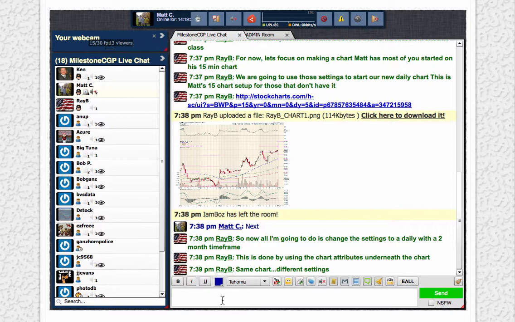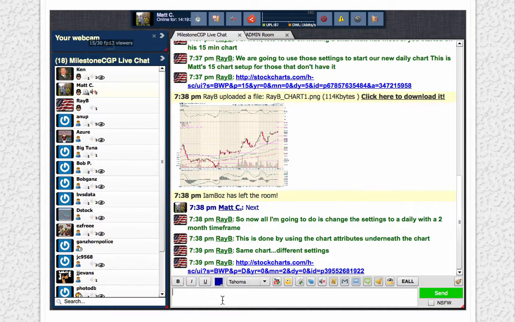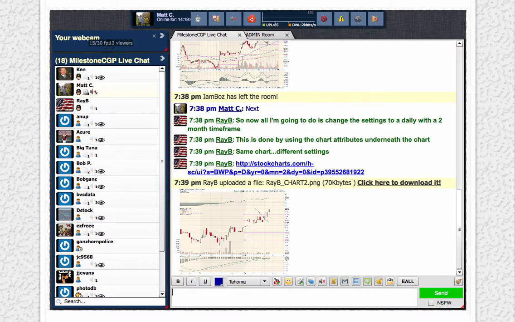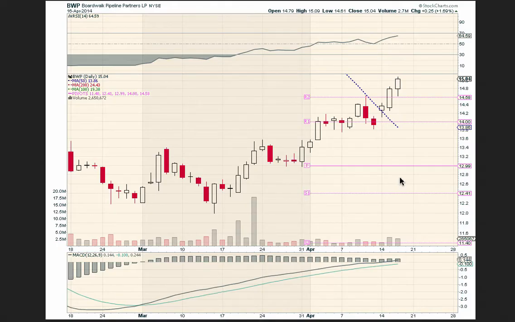So same chart, some different settings. Okay, so pivot points were added, relative strength index, and some moving averages are all on here.